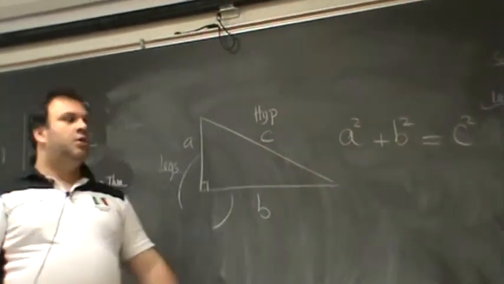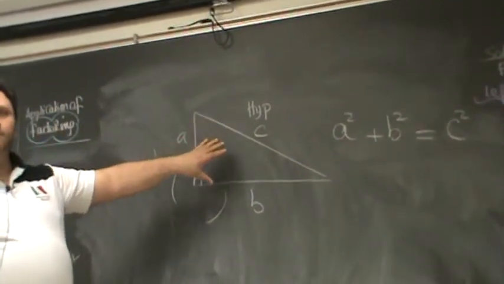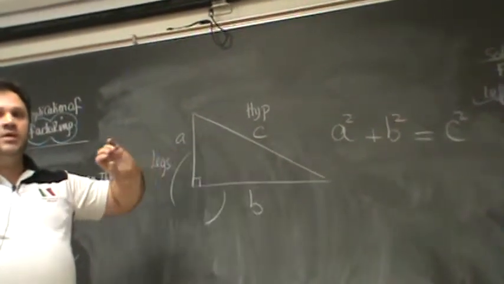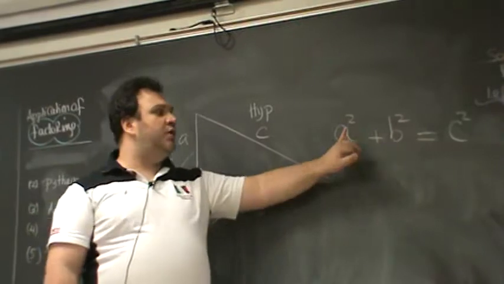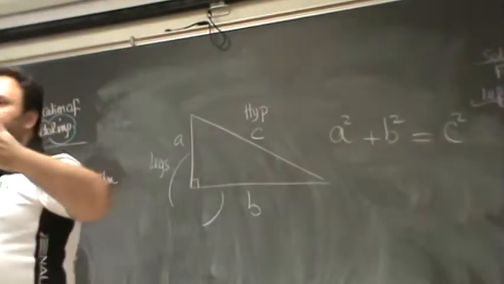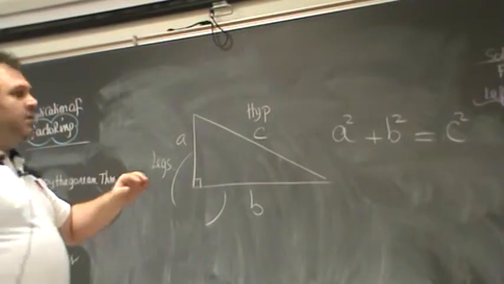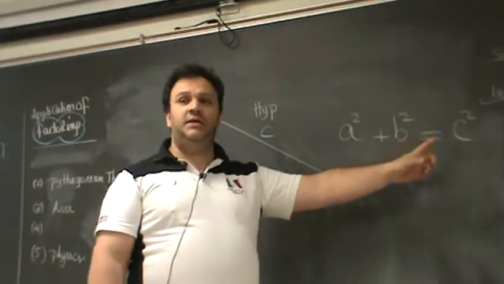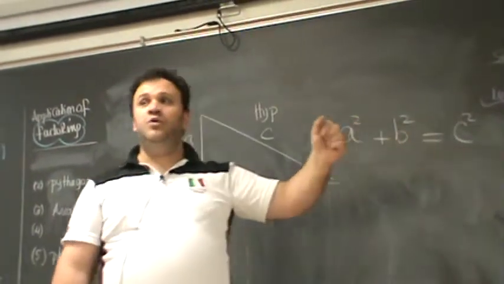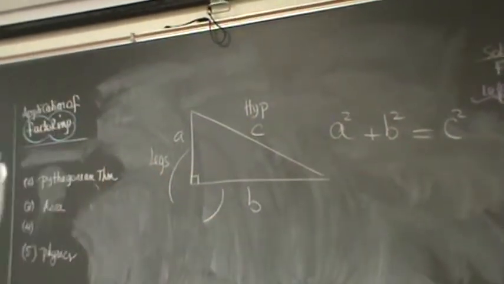What do we mean? Well, if we have a right triangle that has legs A and B and C as measurements, then we can say A squared plus B squared equal to what? C squared. The converse of this is that when we have A and B and C, such as A squared plus B squared equals C squared, then you will know we are talking about a right what?